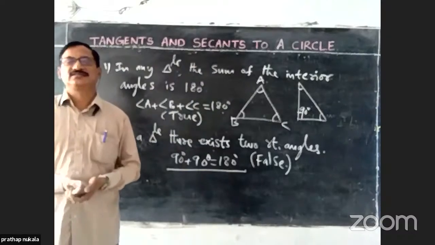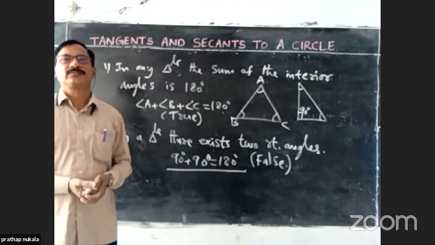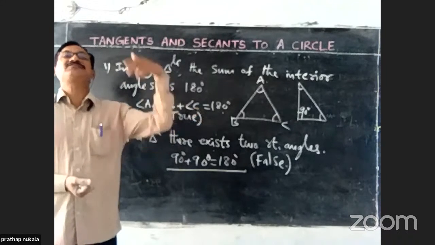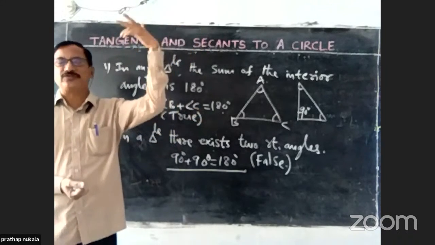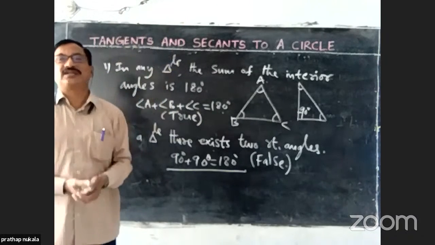Is it true or false? Next means 2021, 22, 23, wherever.